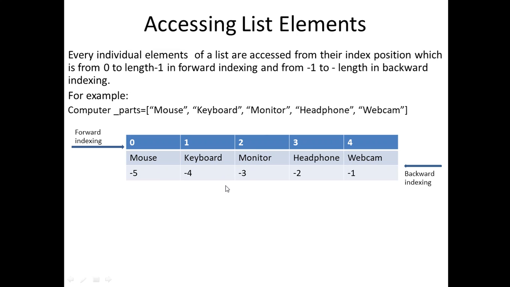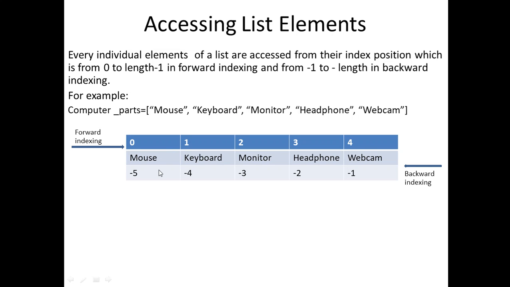So you have to take care of the forward and backward indexing. Backward always starts with minus 1. See here, minus 1 is there, and the last one is minus 5. Minus 5 is what? Minus length. Length is what? 1, 2, 3, 4, 5. Total elements, total items of the list is 5. So the length is 5.